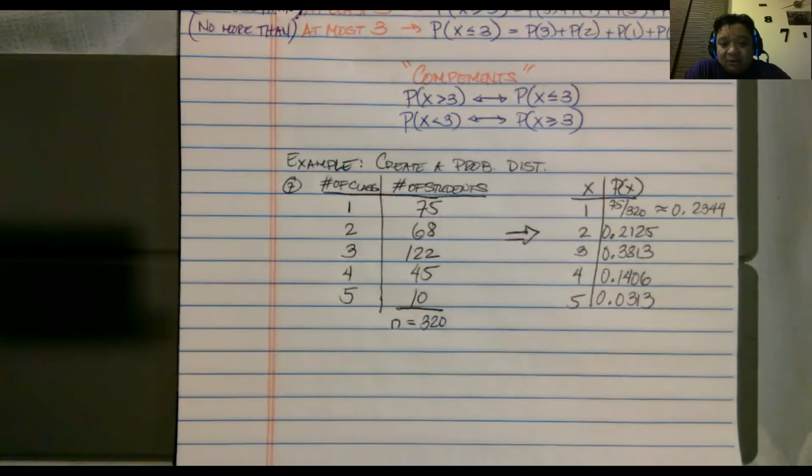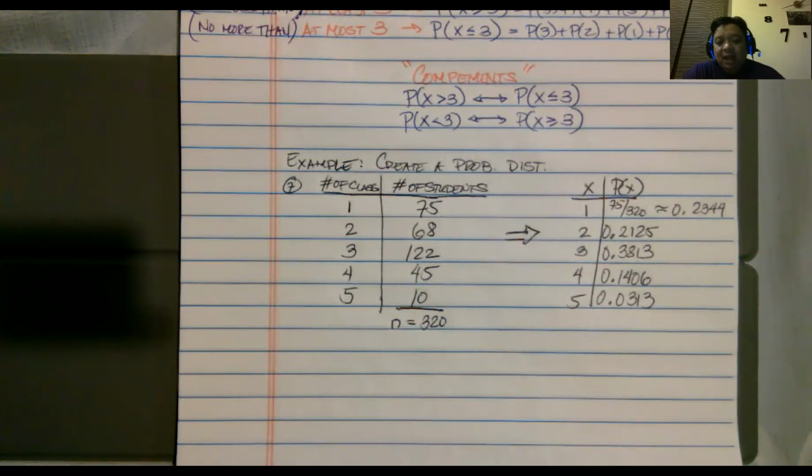So let me just double check all our rounding real quick. So 45 divided by 320 is 0.1406. 10 divided by 320 is 0.0313. Okay. Again, as I already mentioned, you might be off on your probabilities because of the rounding.